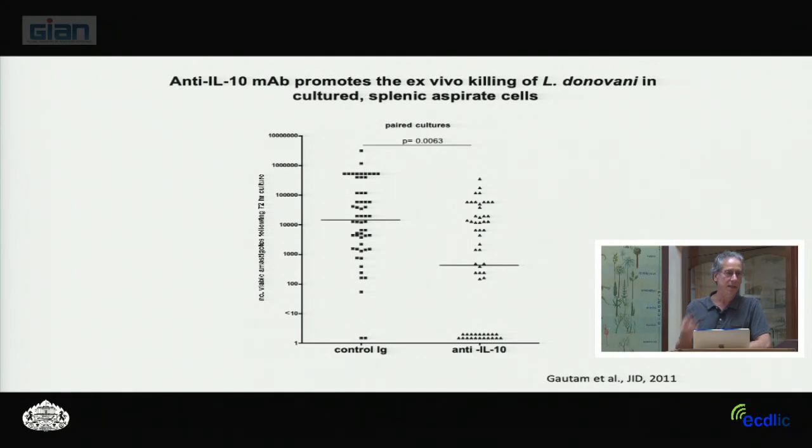This is taking lesional tissue, not manipulating it at all, just blocking one cytokine and allowing the cells that are sitting there to function when you block the activity of that one IL-10 cytokine.